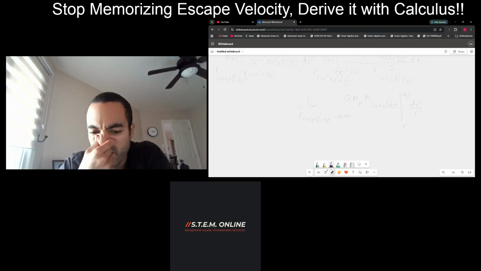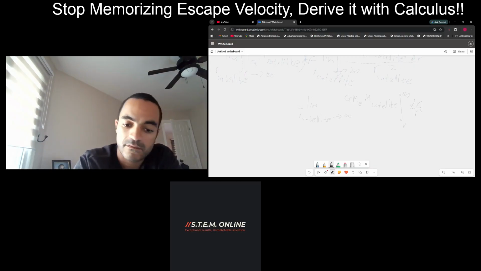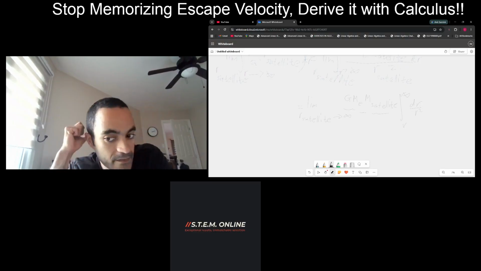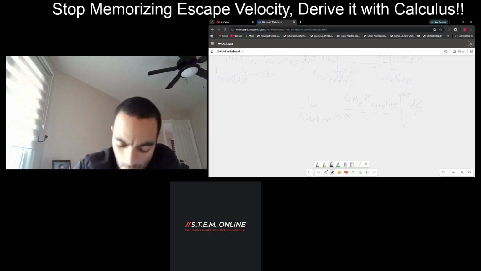So this is what we have right now. I moved the constants to the front of the integral, the G M Earth M satellite. These are constants. Next, it's now a purely mathematical problem. We need to figure out how to integrate with respect to r over r squared.